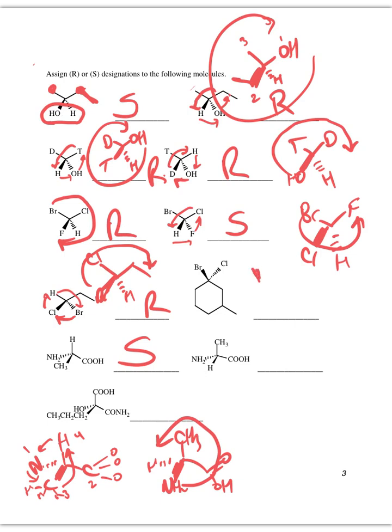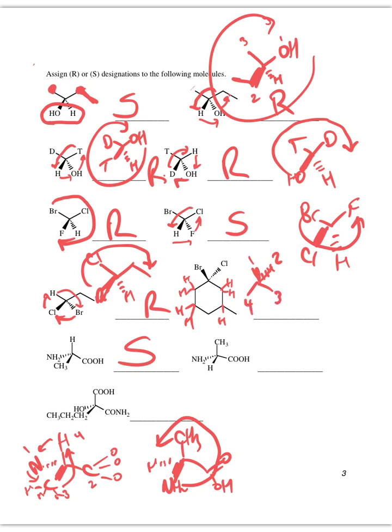So if we draw it bromine 1, chlorine 2, and then between the 2 carbons, this carbon has 2 hydrogens and a carbon. This carbon has 2 hydrogens and a carbon. They're tied. We have to look one more. The second one down on the right has a hydrogen and 2 carbons. On the left, it has 2 hydrogens. So this would be 3. This would be 4.